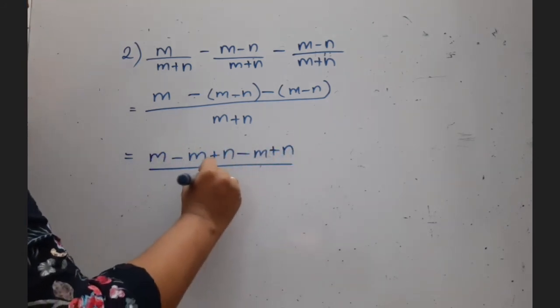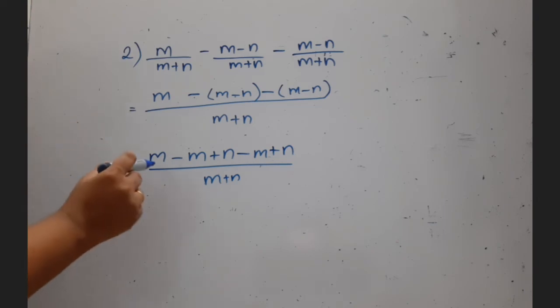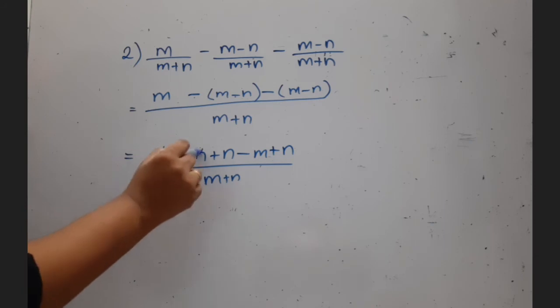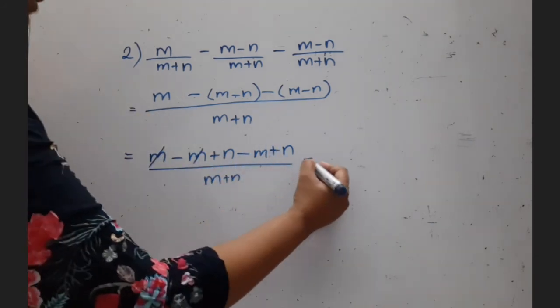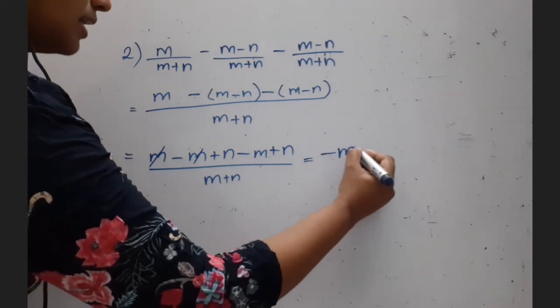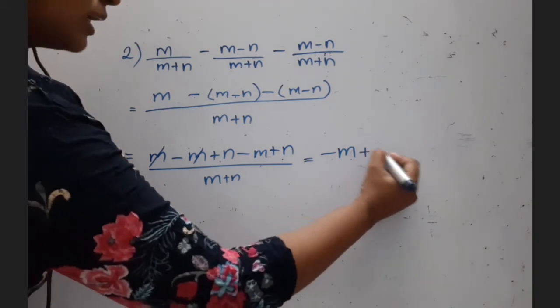Below, the denominator remains the same. Now let's simplify by adding and subtracting the like terms. So m minus m will be removed, so the remaining is negative m, and n plus n becomes 2n.